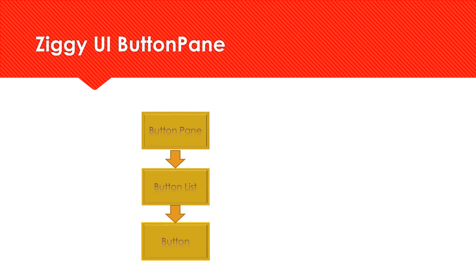A button pane refers to a button list, and the button list then refers, in every line of the list, to a button. With that, you place buttons on button lists and button lists on button panes. Obviously, a button pane is being placed on a button panel, which is shown on the page.